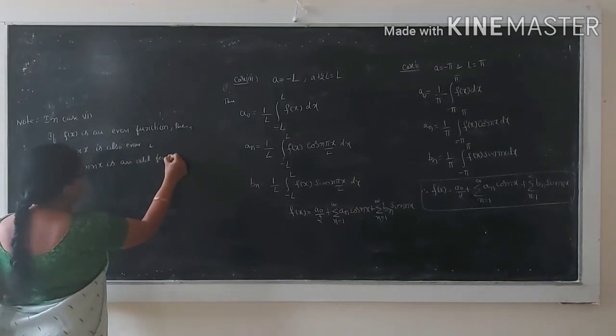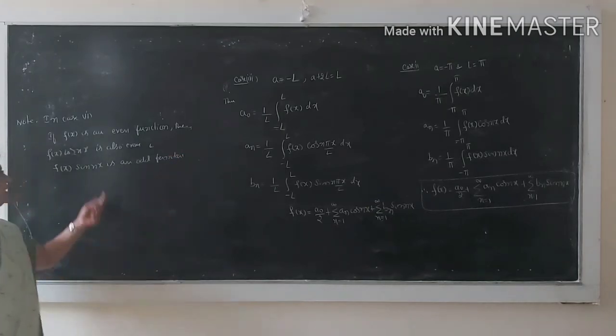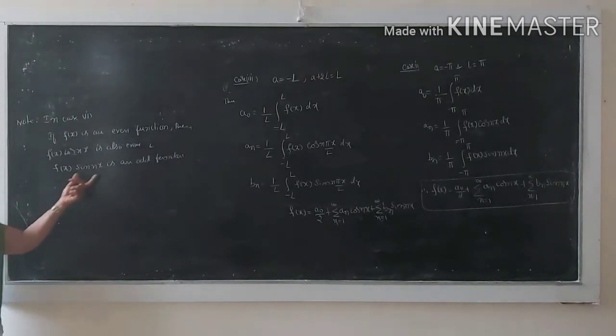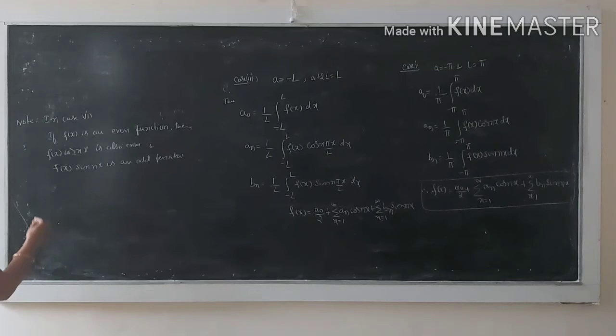You know that result: even into even will become even and even into odd will become an odd function.